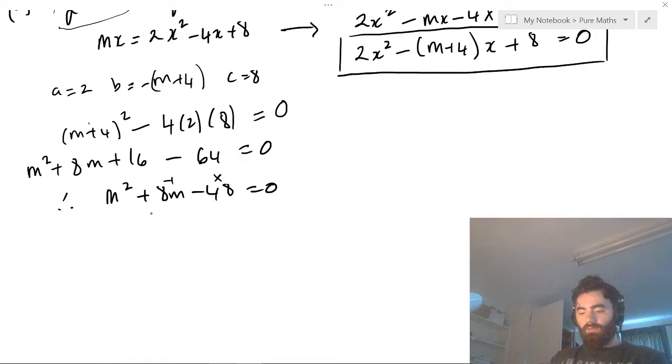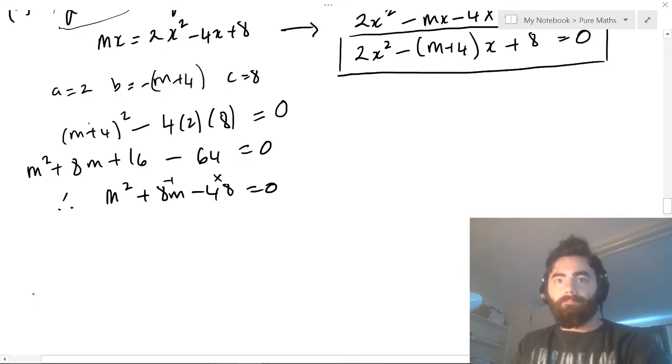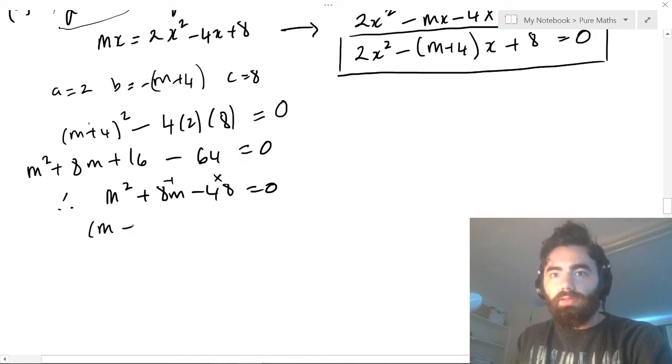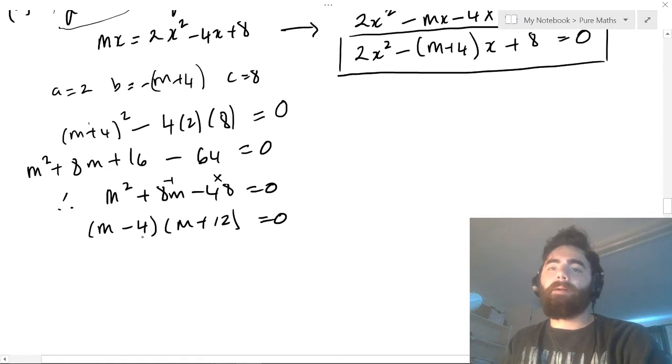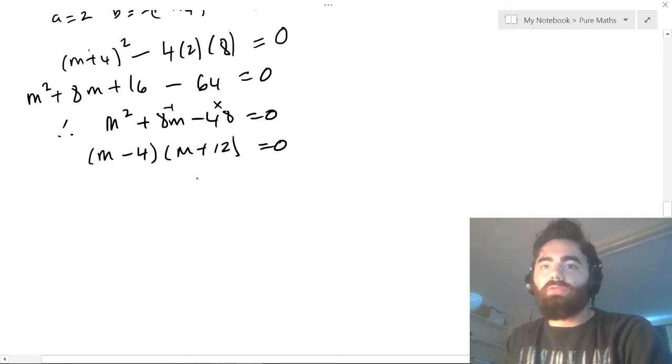Negative 4 times 12. So this is going to be, if we just factorize this, m minus 4 and then m plus 12 equals 0. Okay? So we have two solutions, where m equals 4 or where m equals negative 12.